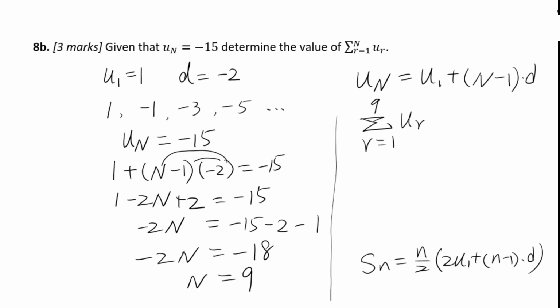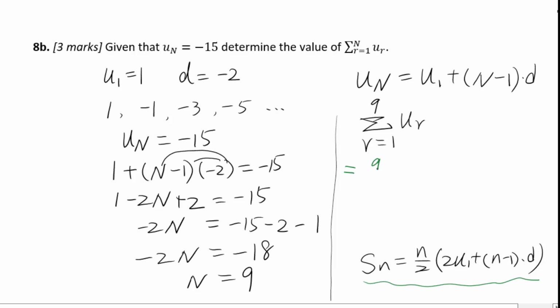Then for this summation, we can use this formula: 9 over 2 times 2 times 1 plus 9 minus 1 times negative 2, equals 9 over 2 times 2 minus 16. That equals negative 63.